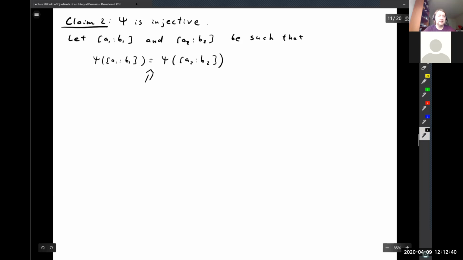Now, this is just by definition the same as B1 inverse A1 being equal to B2 inverse A2, right?